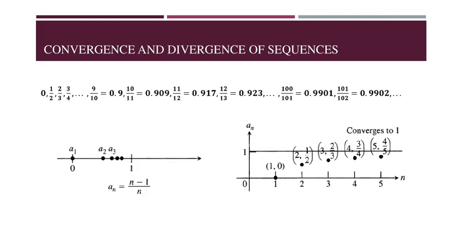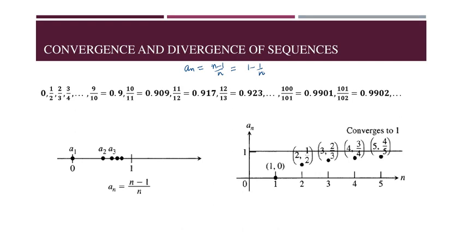Now see this example when your a_n is equal to (n minus 1) by n, or 1 minus 1 by n. Now I want to give you the mathematical definition of convergence or divergence of a sequence. For that, to get the essence of it, I just want you to observe the terms of the sequence.